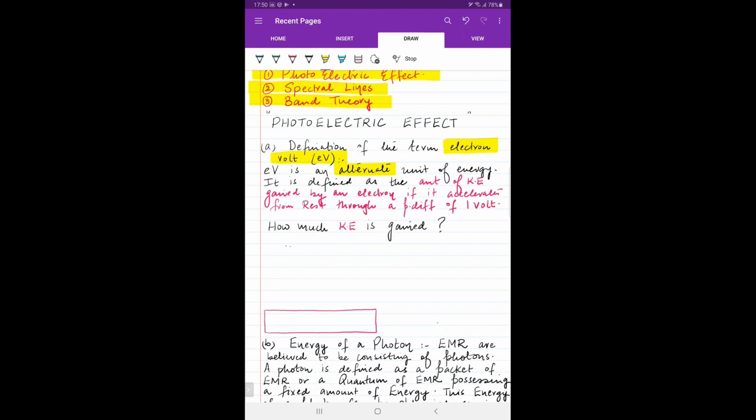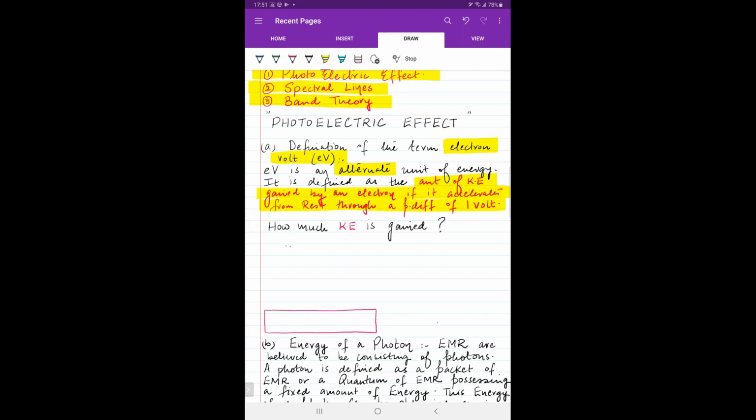It is defined as the amount of kinetic energy which is gained by an electron if it accelerates from rest through a potential difference of 1 volt.